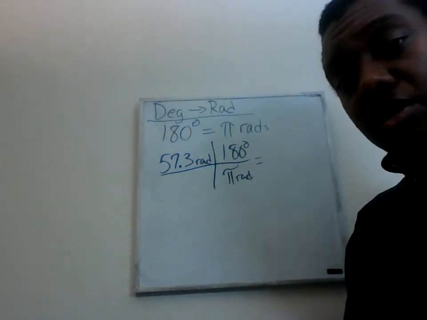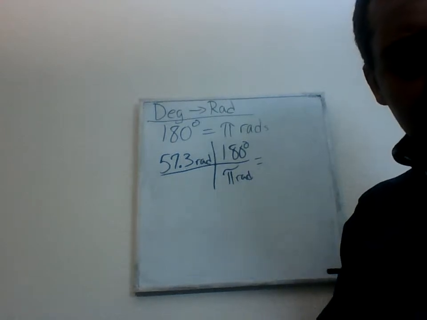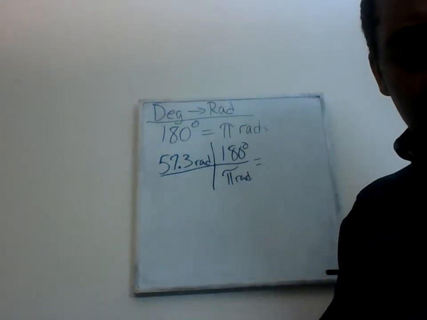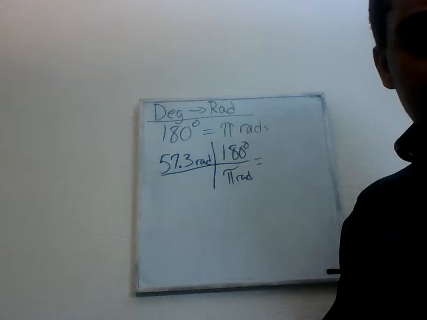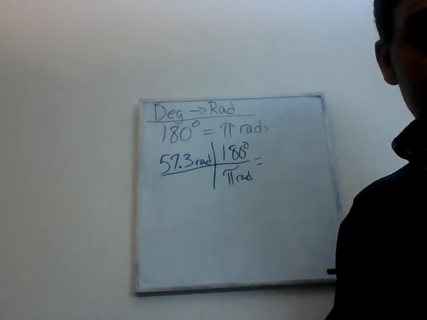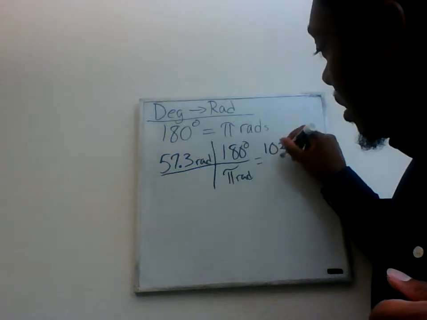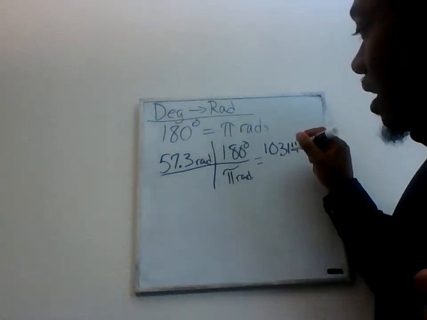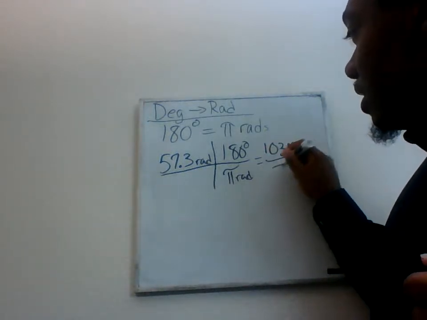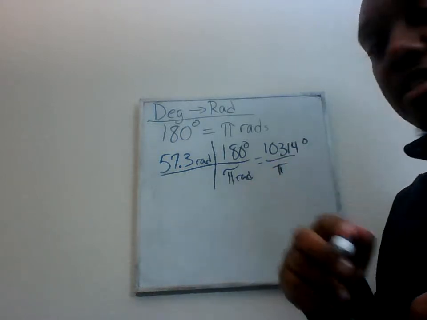And so when I do that, I'm going to take the 57.3 and multiply it times 180. And I'm going to get 10,314 divided by pi degrees.